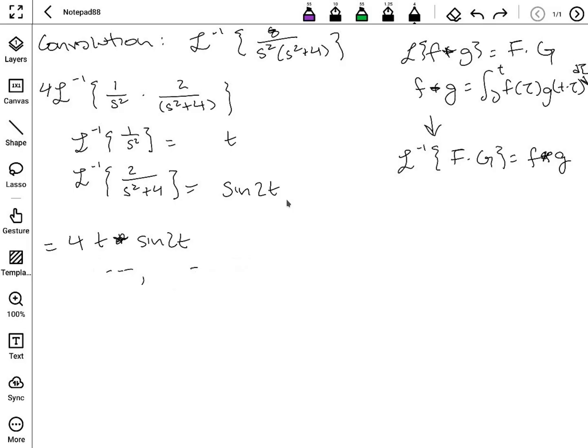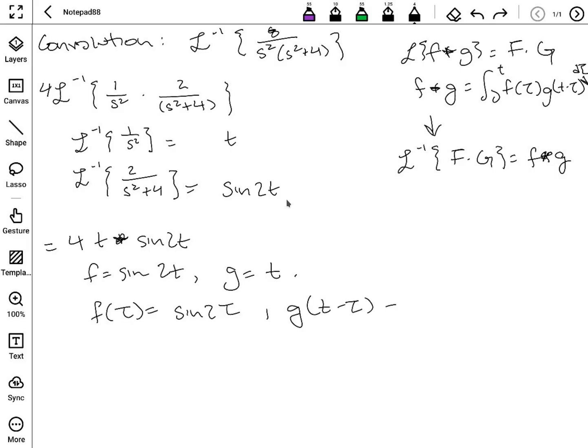I'm going to do it the other way. Sorry. I'm likely to make a mistake if I try to have like a u-sub inside the sine. So it's better to do f is sine 2t and g is t. So then that means that f of tau is sine 2 tau, and g of t minus tau is t minus tau.